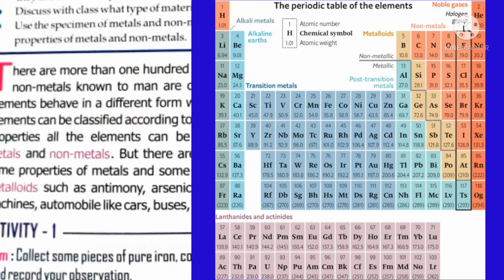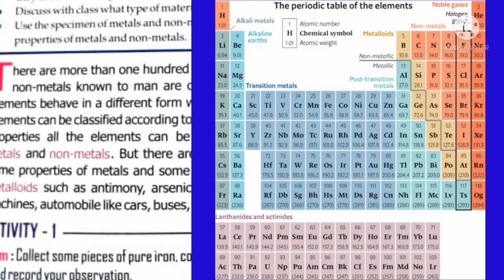Among 118 elements, more than 90 elements are metals and 7 are metalloids. The last group, 7 are inert gases, and the rest are nonmetals. Metalloids are boron, silicon, arsenic, antimony, polonium, etc. These bluish green colored elements in this periodic table are metals.